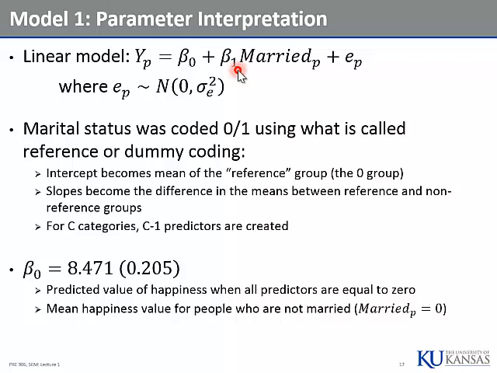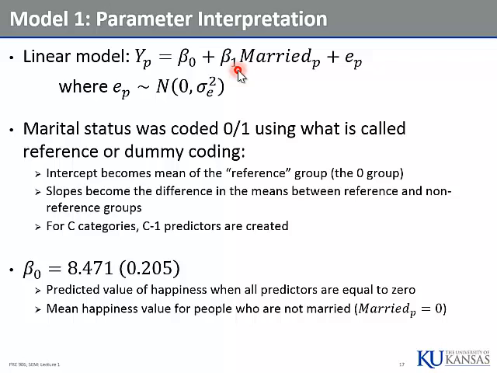Like if you're familiar with chemistry, you can have something per something else. Beta 1 is what we call unstandardized. It's units of Y per units of X. But if we wanted to talk about it where we didn't have the units in the way, or if we could make it so that units were comparable, what we could do is take the units off of the measure itself.